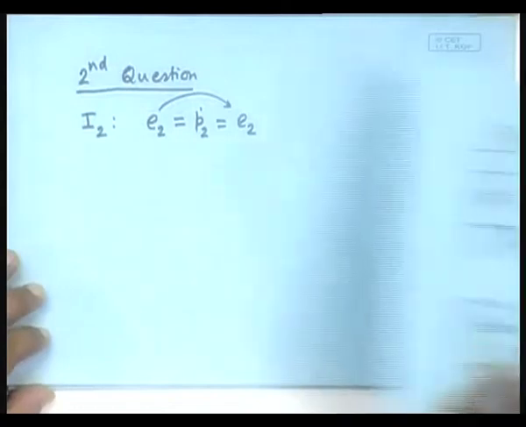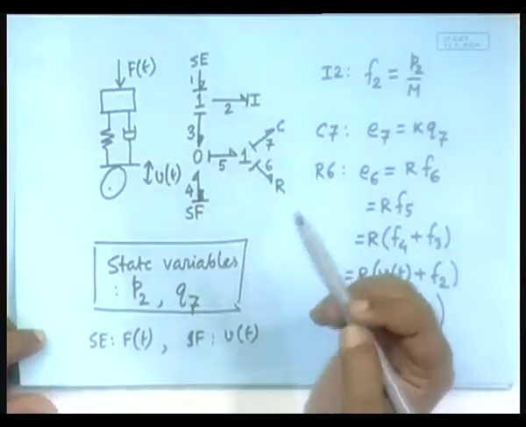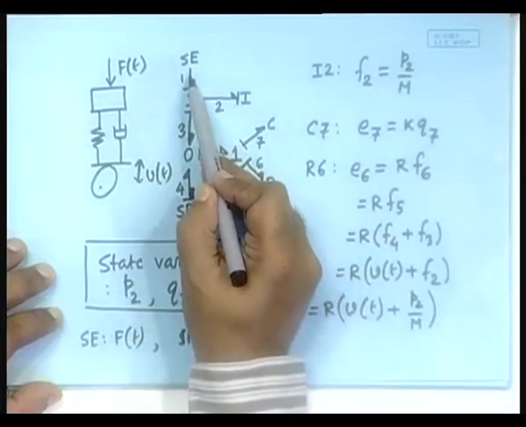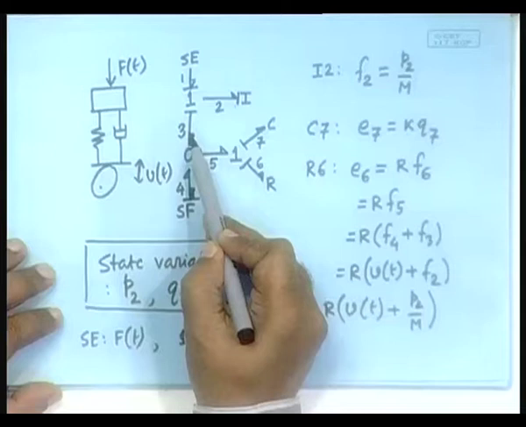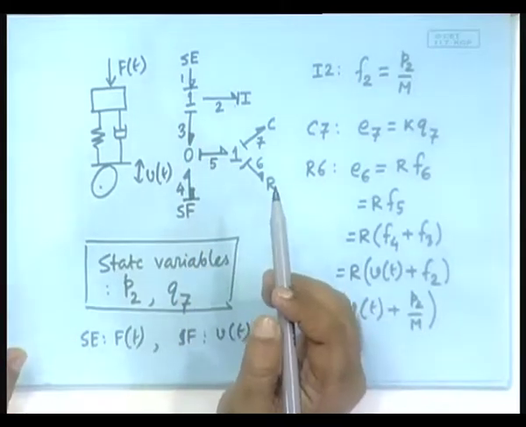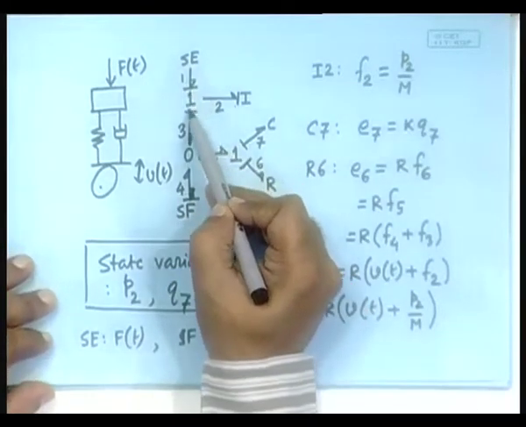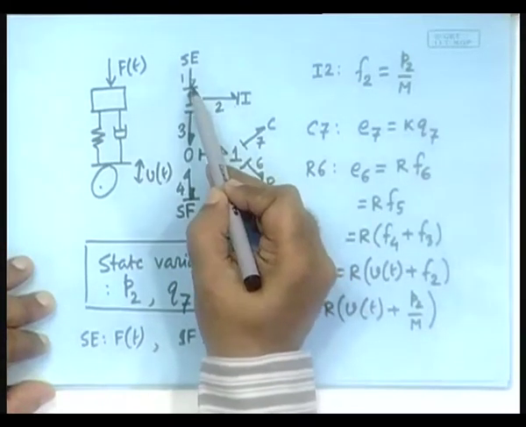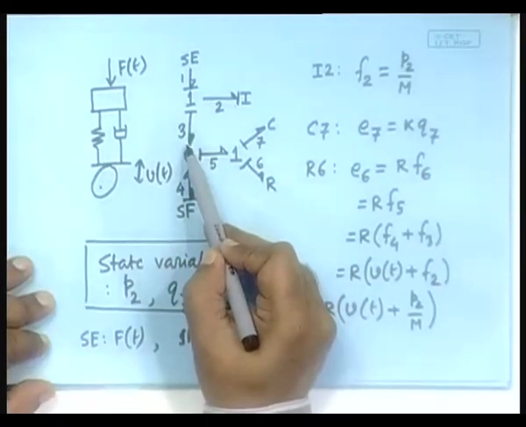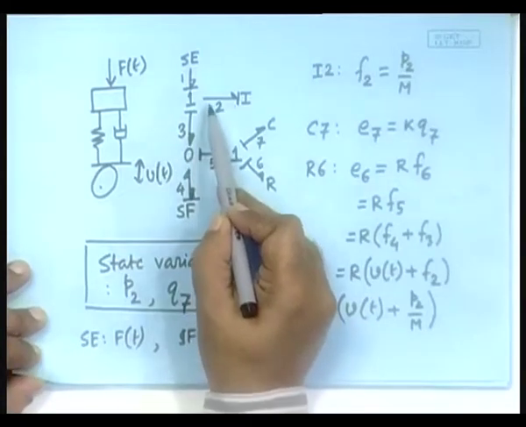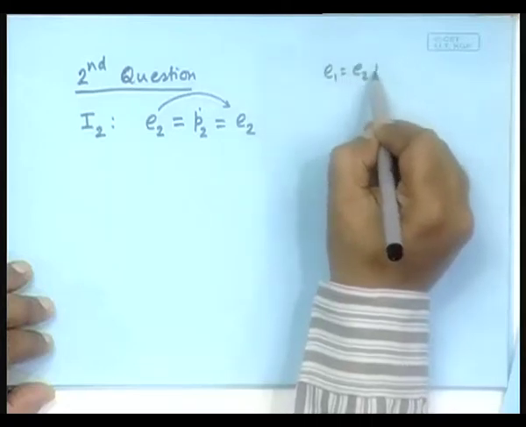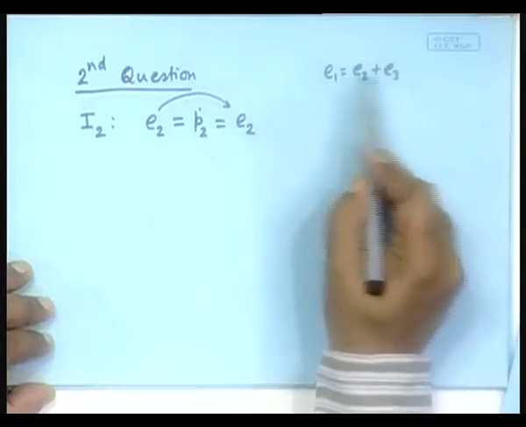E2 is an addition of E1 minus E3 because of this power direction. In this particular one junction, because of this power direction, E1 is equal to E2 plus E3. So, we want E2, which is E1 minus E3.